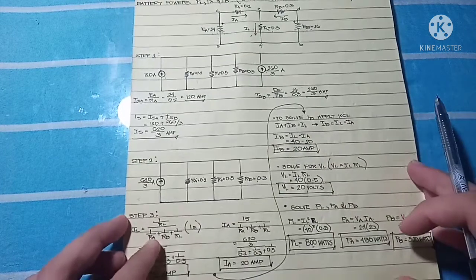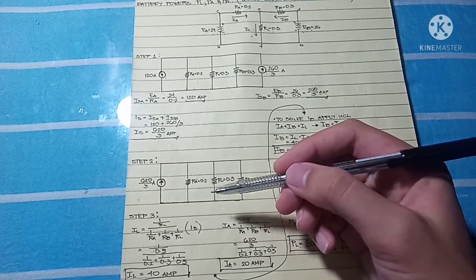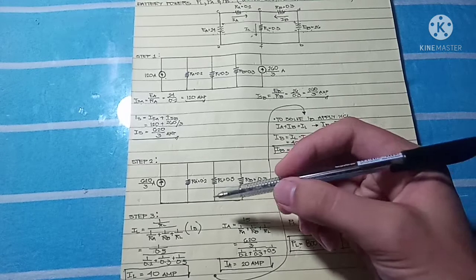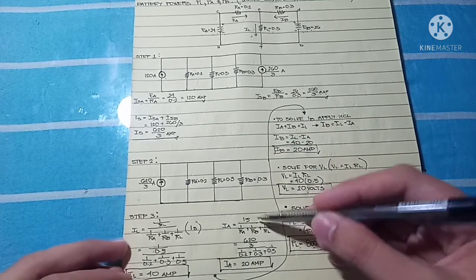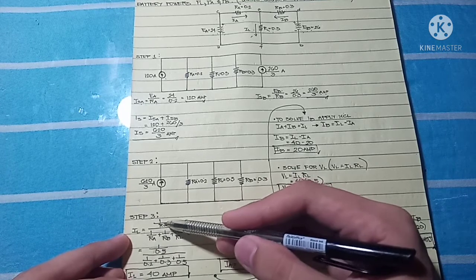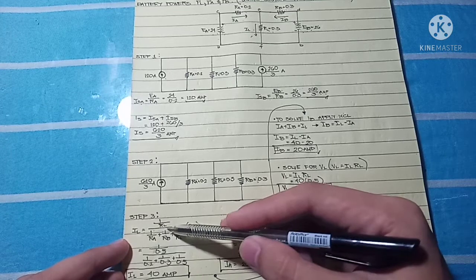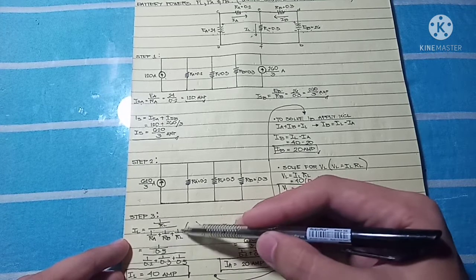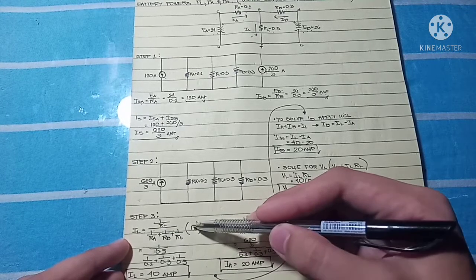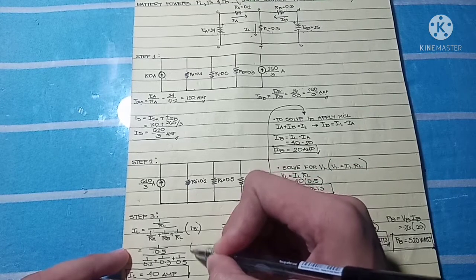Then step 3, solve IL. To solve IL, it is equal to 1 over RL all over 1 over RA plus 1 over RB plus 1 over RL, times IS or current source.